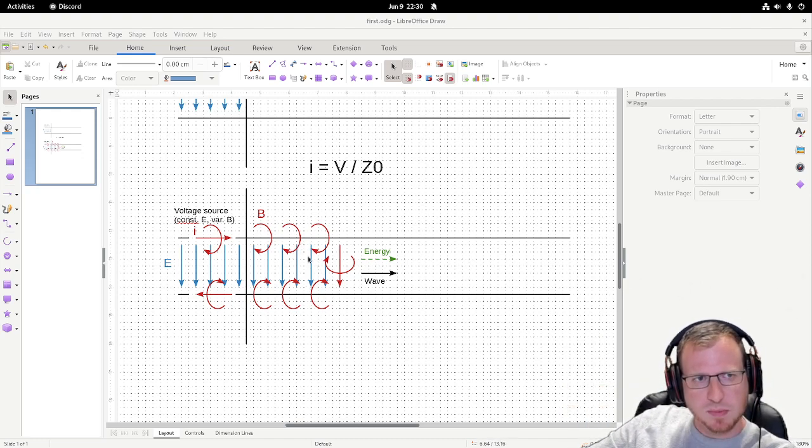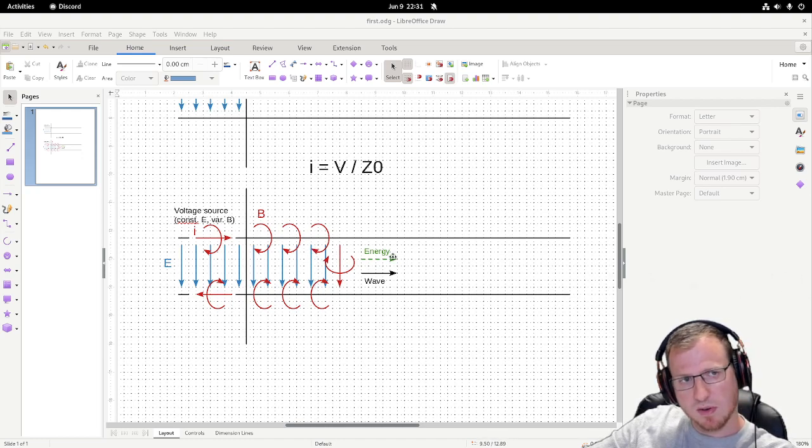The electrical field is pointing downwards and the magnetic field is pointing backwards, so the Poynting vector, the energy vector, is pointing to the right side. But this is also working on the bottom side, because here also the electrical field points downwards and the magnetic field goes backwards here, this point. And that means the energy flow is here on all the points here, it's flowing on to the right side.